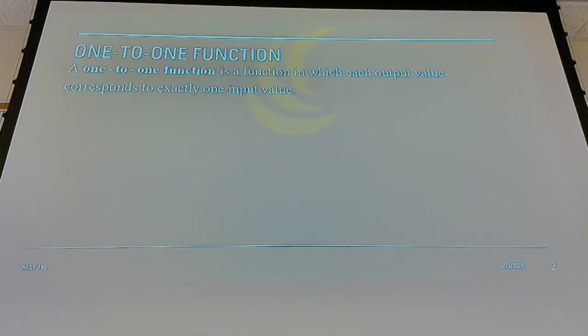There's also what's known as an onto function, also called a surjection. An onto function is just a function whose entire codomain is covered. So the codomain equals the range. We don't really worry too much about that in this course.